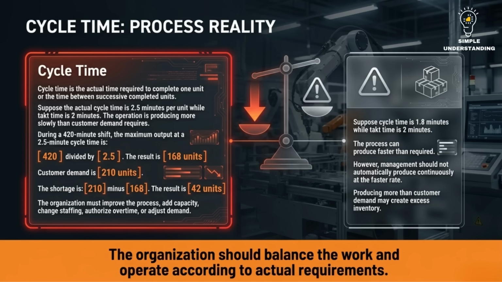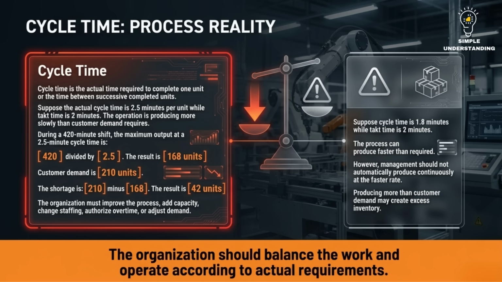Cycle time. Cycle time is the actual time required to complete 1 unit or the time between successive completed units. Suppose the actual cycle time is 2.5 minutes per unit, while takt time is 2 minutes. The operation is producing slower than customer demand requires. During a 420-minute shift, the maximum output at a 2.5-minute cycle time is 420 divided by 2.5.